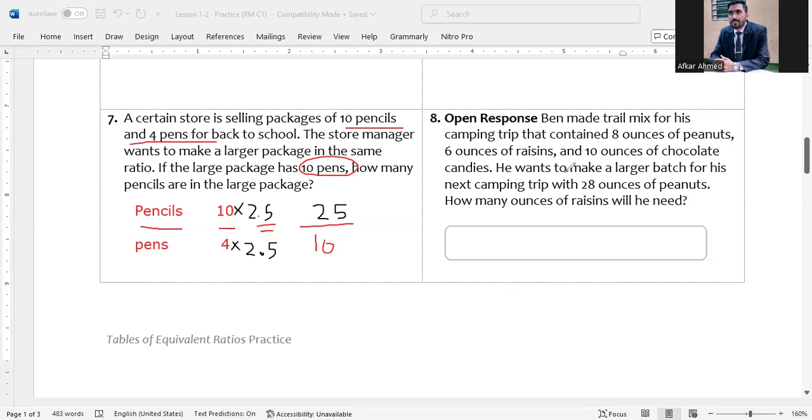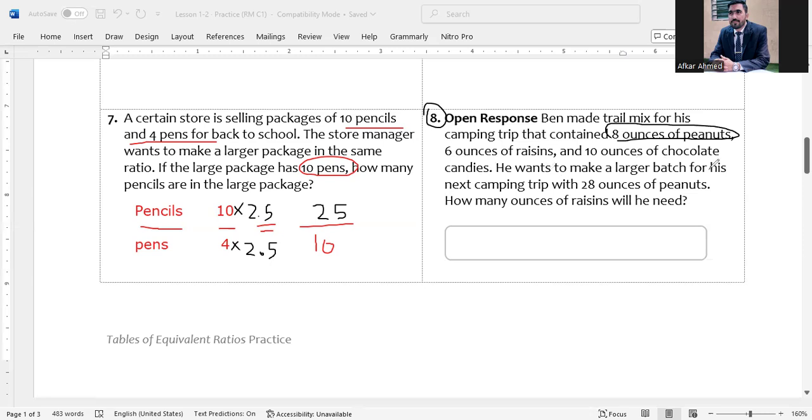Same, we will do this question here. This is actually related to lesson 1.1, but we will use the forward scale here. Ben made trail mix for his camping trip that contains 8 ounces of peanuts, 6 ounces of raisins, and 10 ounces of chocolate candies.